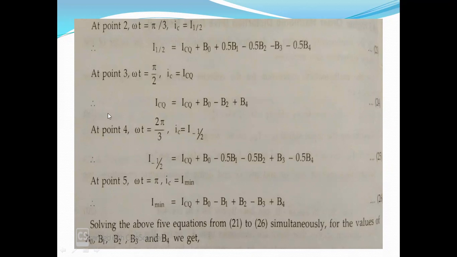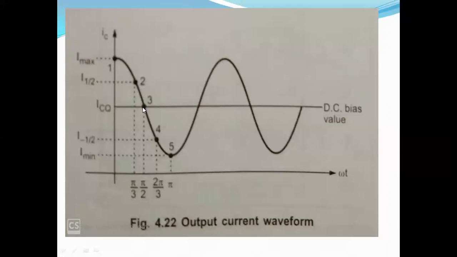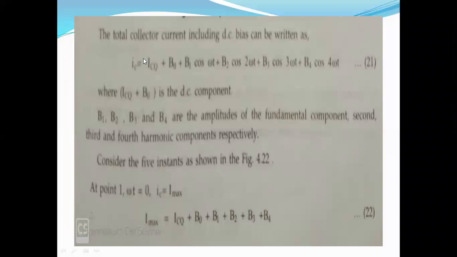In a similar manner, at point 3, substitute. At this point, what is omega t? Omega t is pi by 2 and IC is ICQ. So ICQ is equal to ICQ plus B0 plus B1 into cos pi by 2.